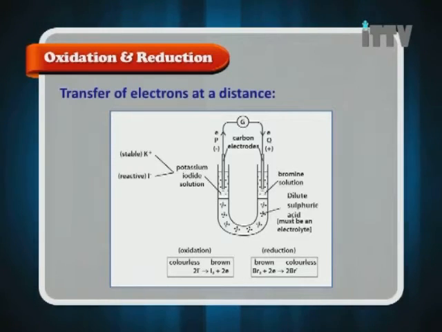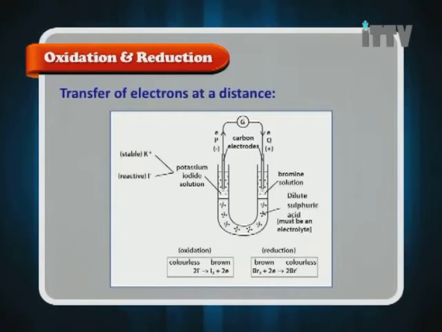For this particular setup, the negative terminal is actually the terminal that contains the potassium iodide solution. So iodide ions will become oxidized to brown iodine solution. So the change in color will be from colorless to brown in the potassium iodide solution.